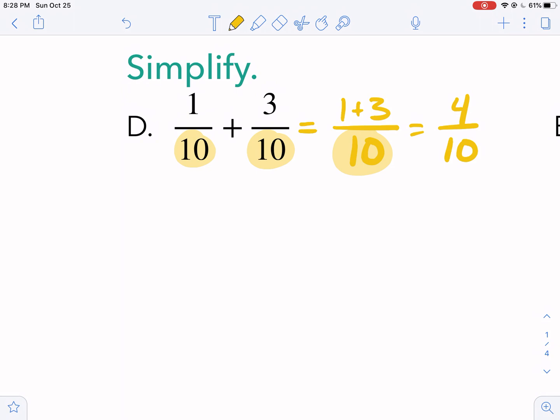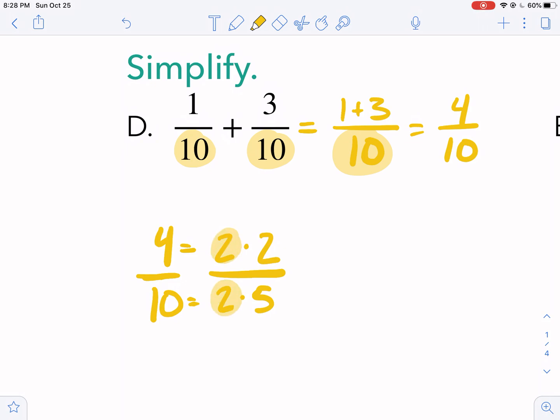Typically we would be done, except we can reduce this. 4 is the same thing as 2 times 2, and 10 is the same thing as 2 times 5. So 4 over 10 is equal to 2 over 2 times 2 over 5. Now these 2's will reduce out, so this is the same thing as 2/5.